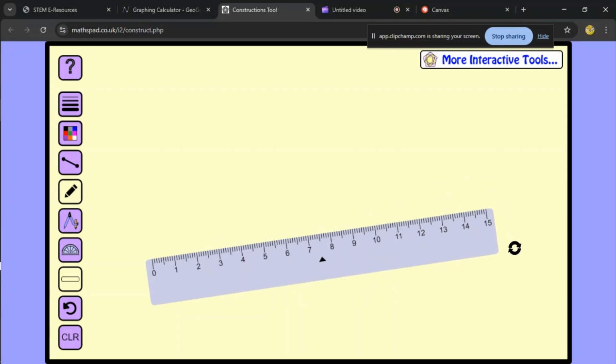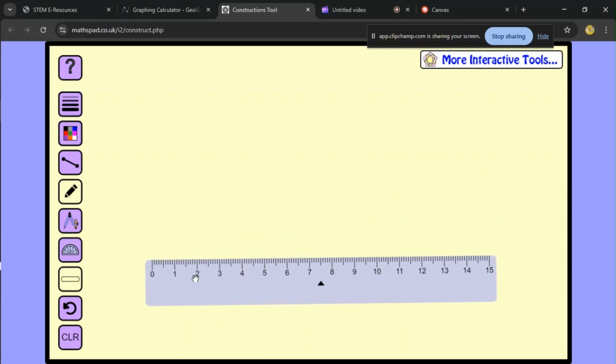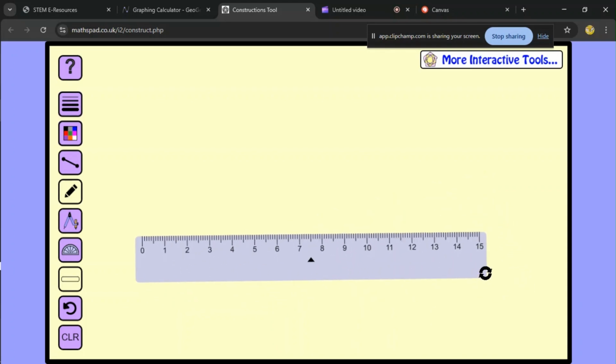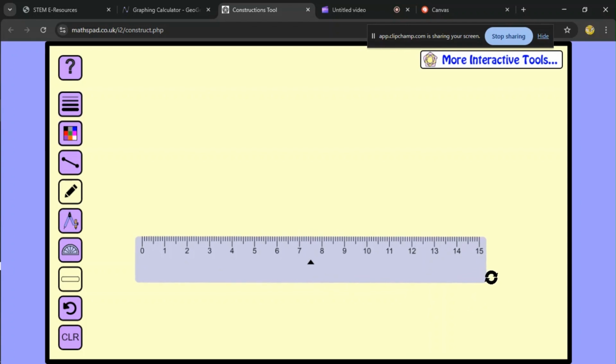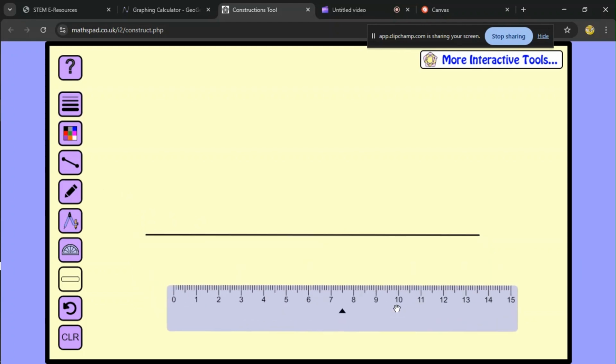Let us draw a straight line of any measurement. Then I remove that. Let me put a mark on one side. I put a mark there. So I want to use this particular point.